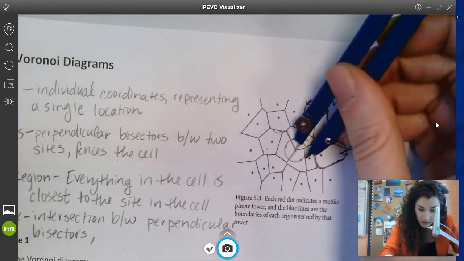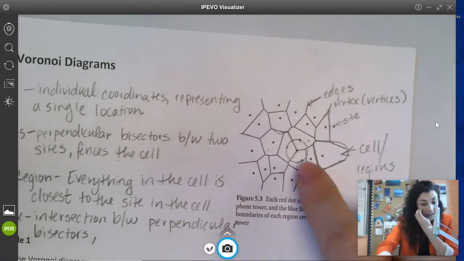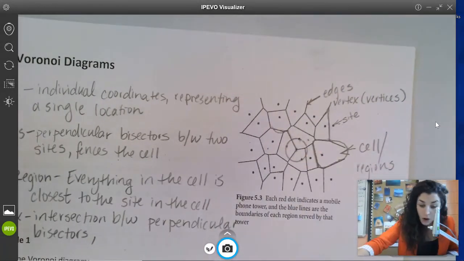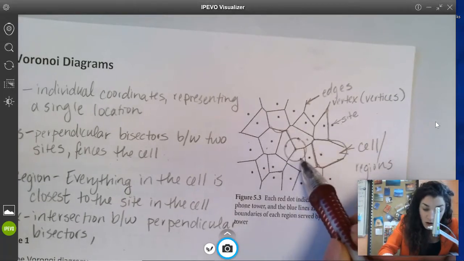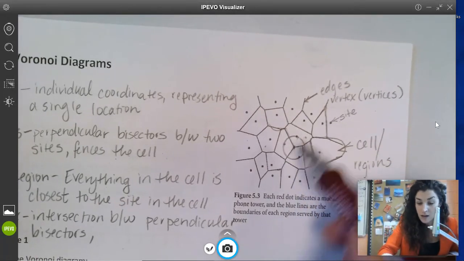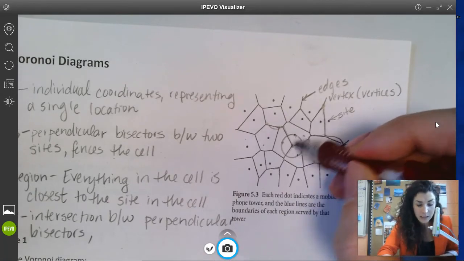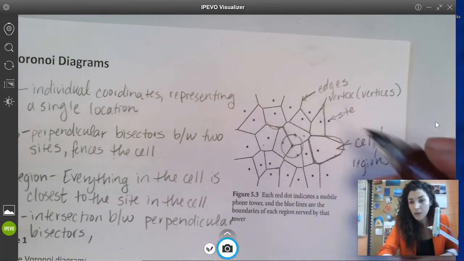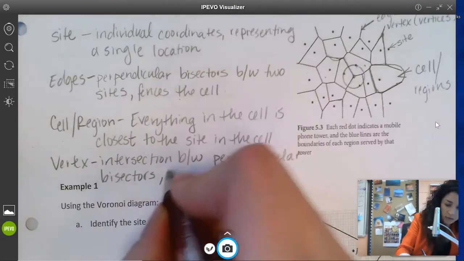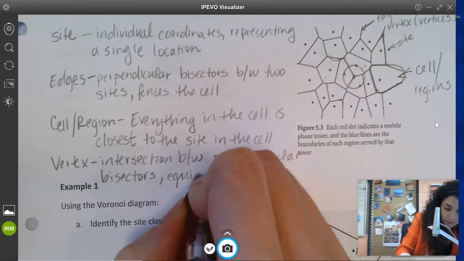I just had to take it away for a second. That represents that radius. And notice all of those points are on the circle, right? So that means that this is the only point that is equidistant from those 3 other sites. So equidistant from sites.